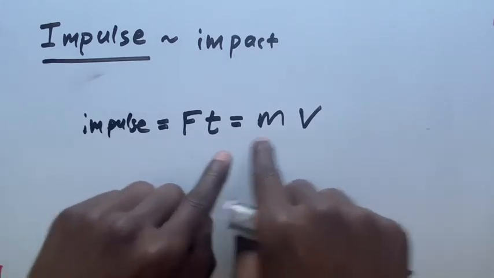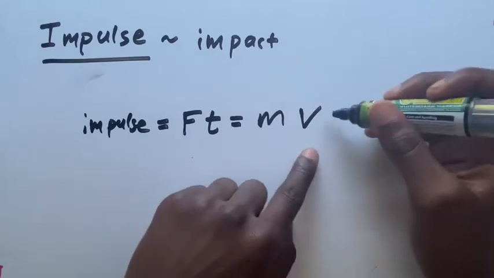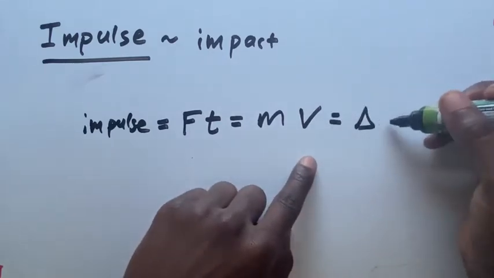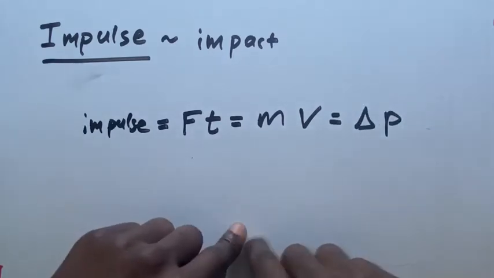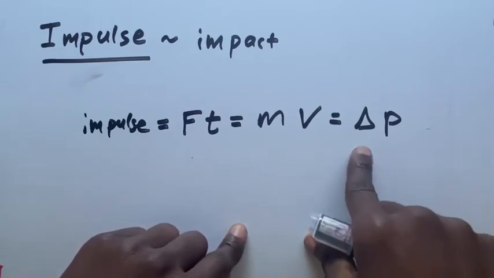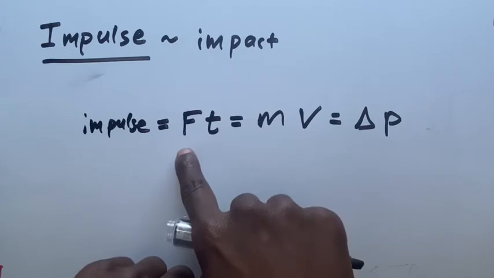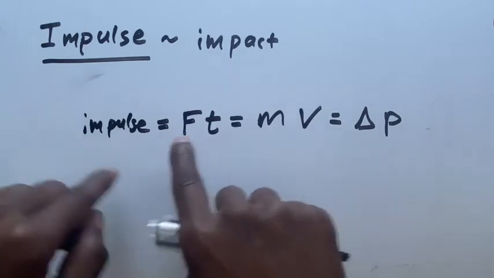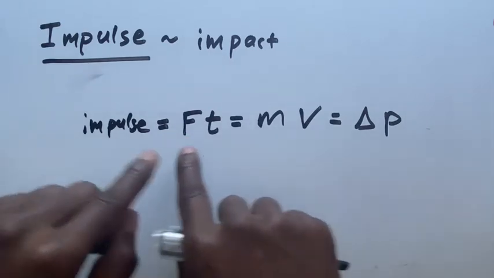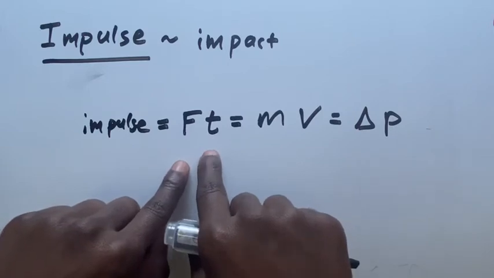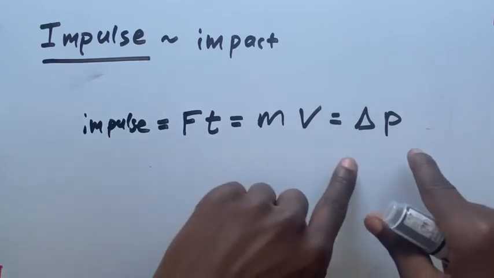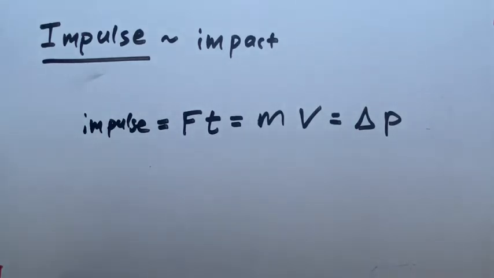So the impulse is given by actually the change in momentum, where this triangle again means change. So the change in momentum, which is given by the force times time, is the impulse. So the impulse is force by time, and the impulse can also be thought of as the change in momentum.